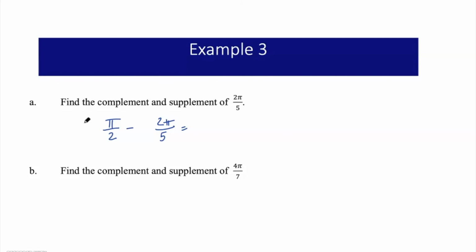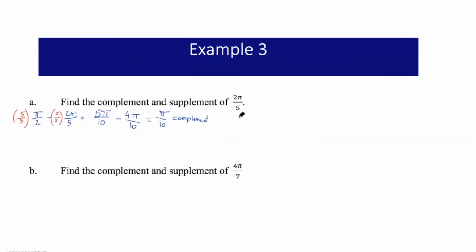I multiply the first by 5 over 5, and the second by 2 over 2. That gives me 5 pi over 10 minus 4 pi over 10, and the complementary angle is going to be pi over 10.